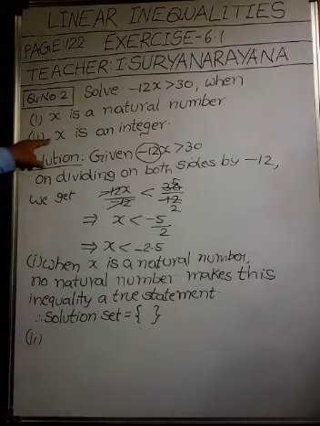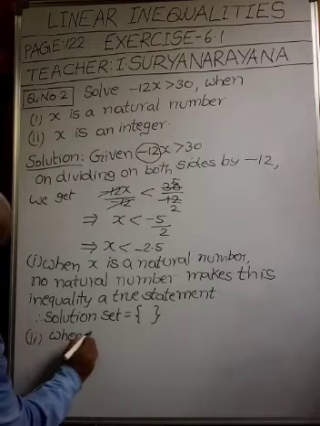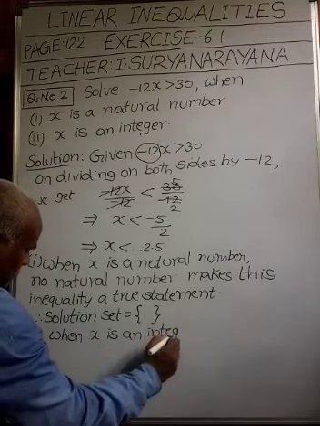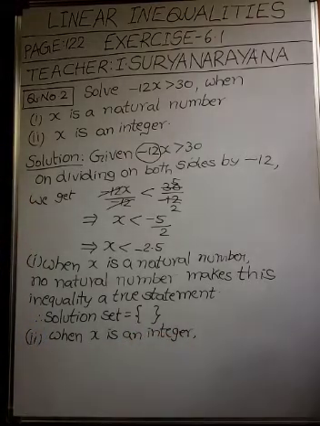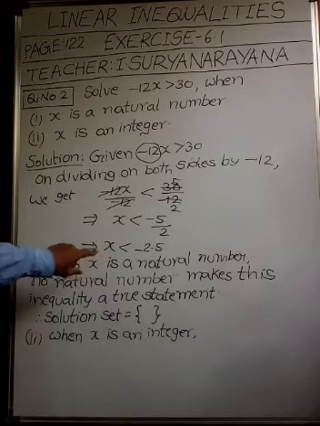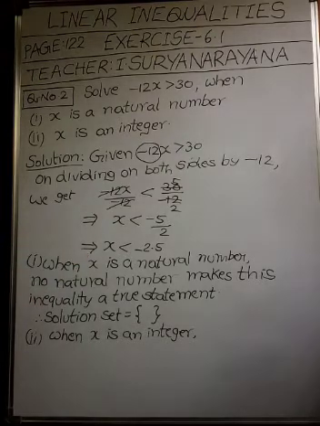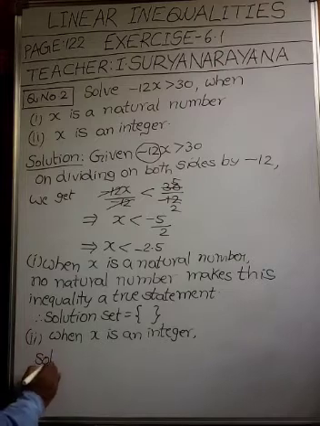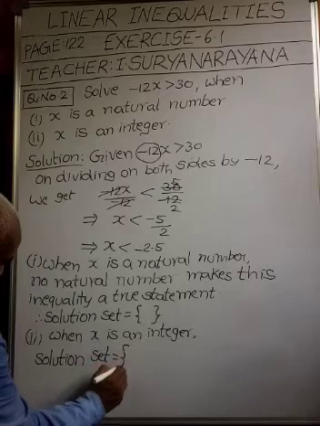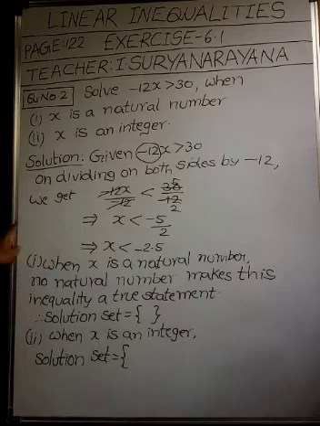What is the second part? When x is an integer, then what is the solution set? Which integers satisfy this inequality? Which integers make this inequality a true statement? The integers less than minus 2.5.